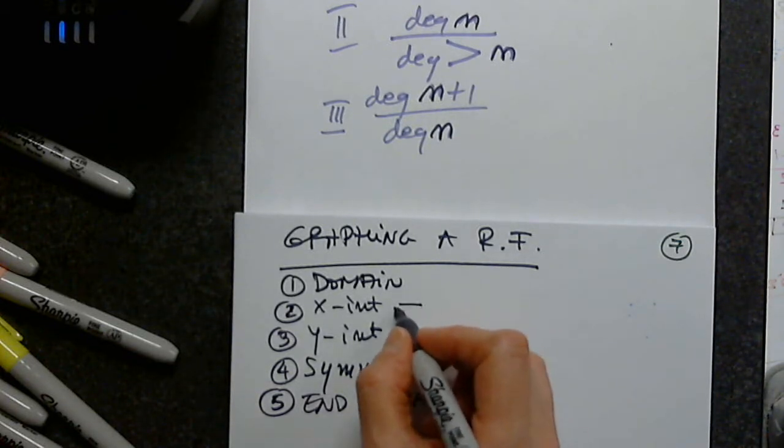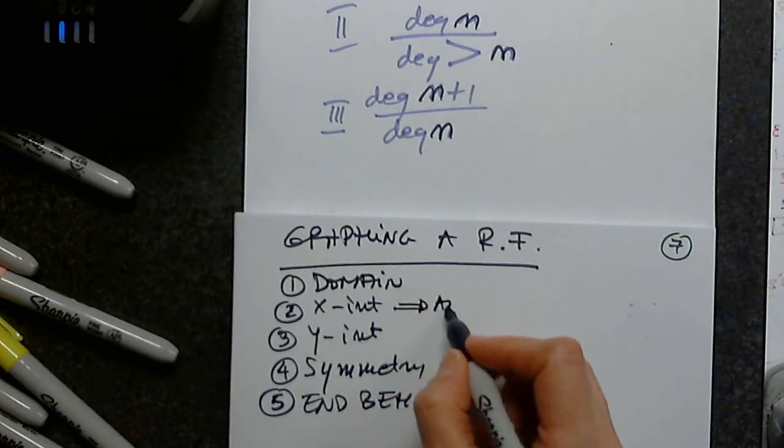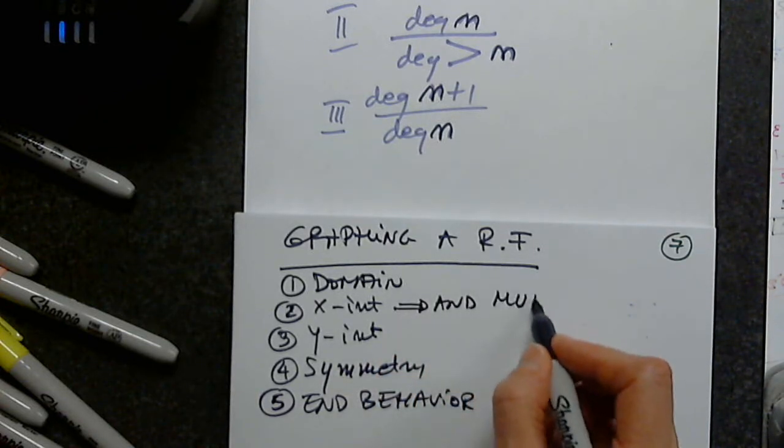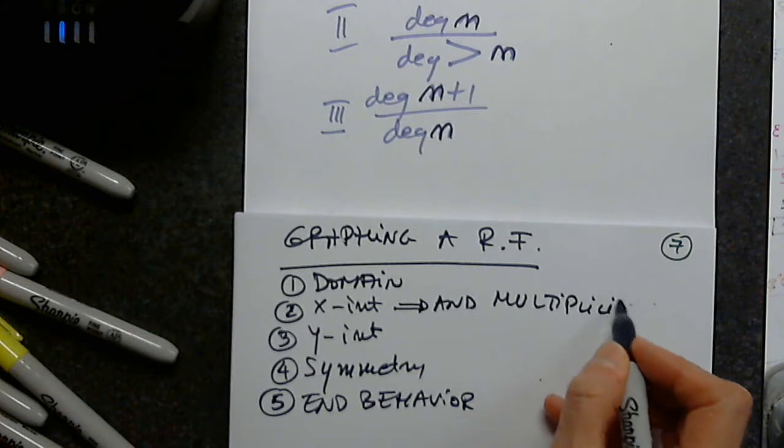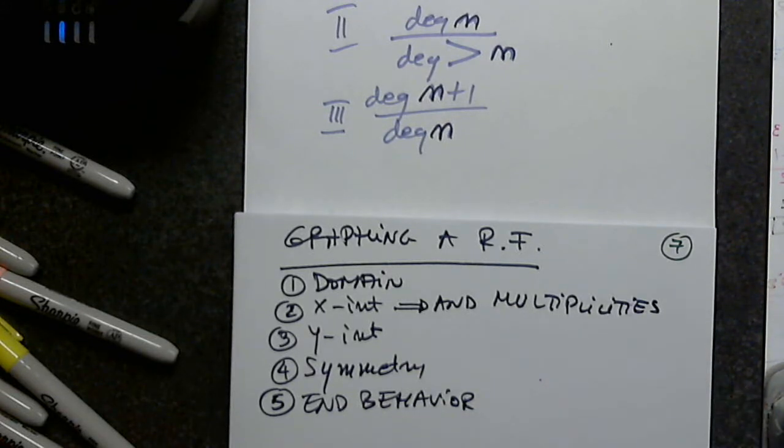I want to add here, of course, multiplicities. 6, range, which is a requirement after I graph it, if I'm asked to.